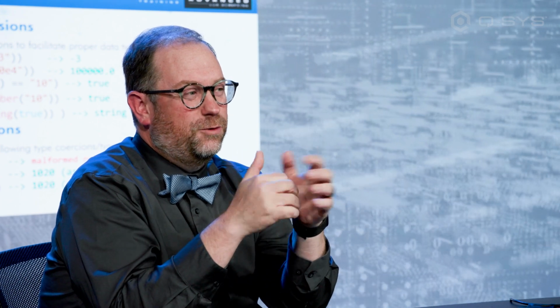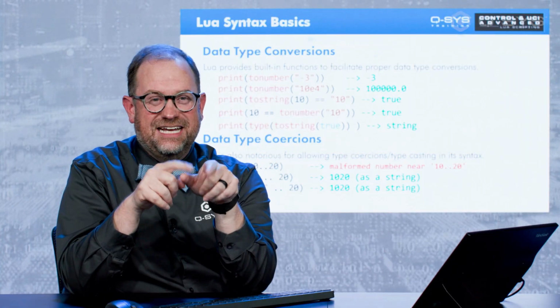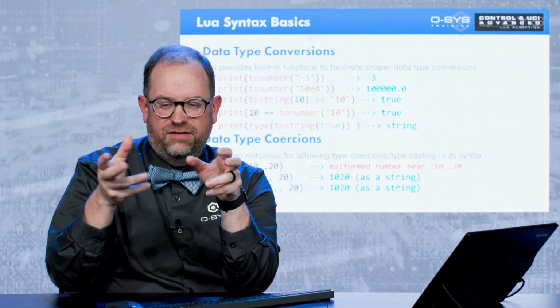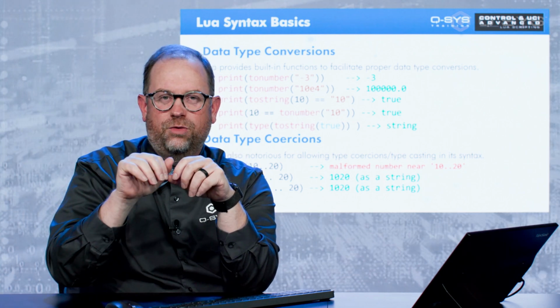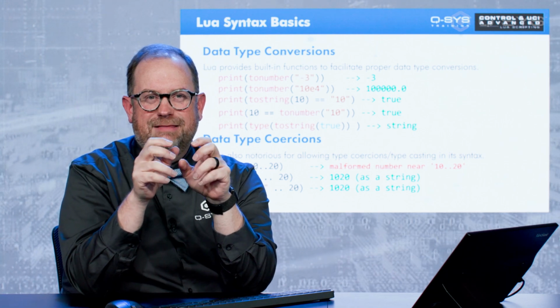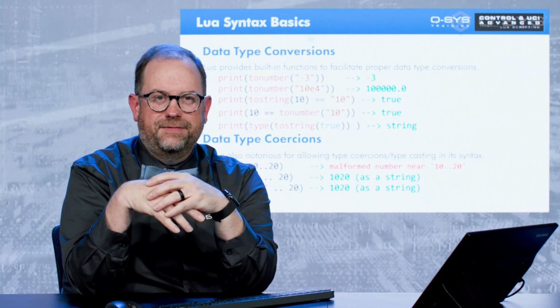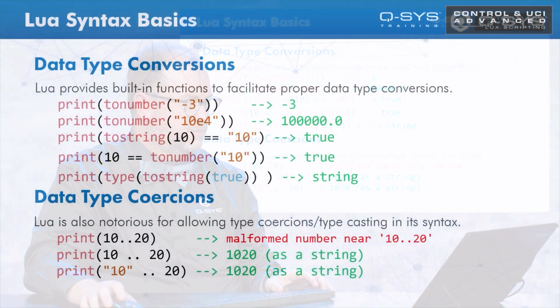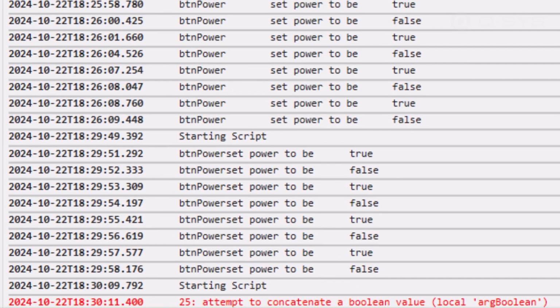Now, here's part of the wrinkle. It really only does it for numbers becoming strings. It'll just take care of that coercion for you. But danger, Will Robinson. As you saw as we come back to our script, it doesn't do it for Booleans.